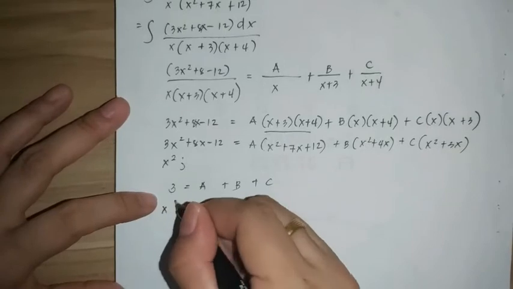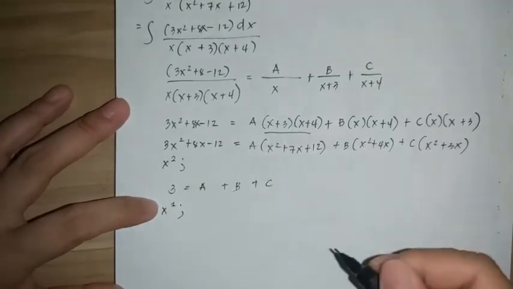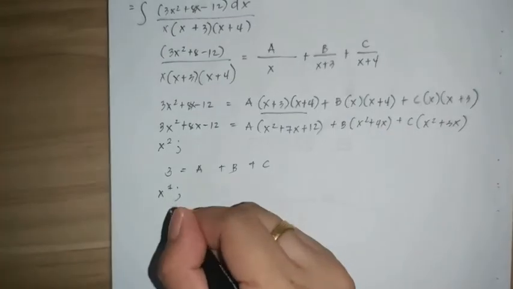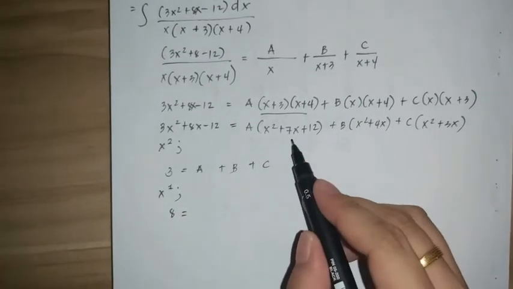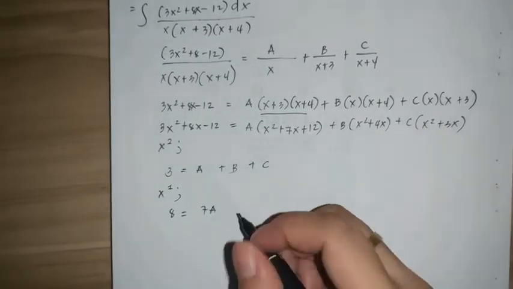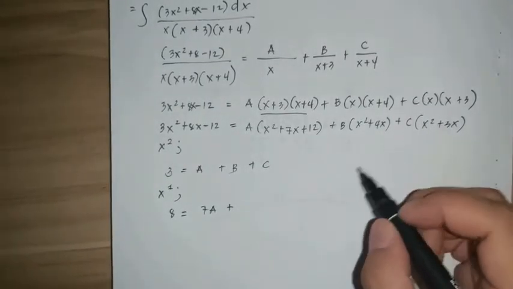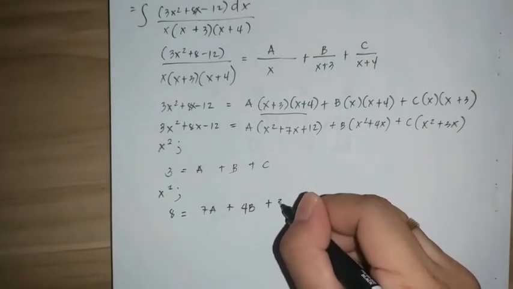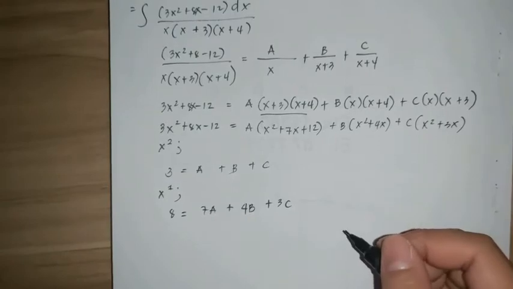So at x raised to 1, okay, so we have 8. 8 is equal to 7a plus 4b plus 3c, right?